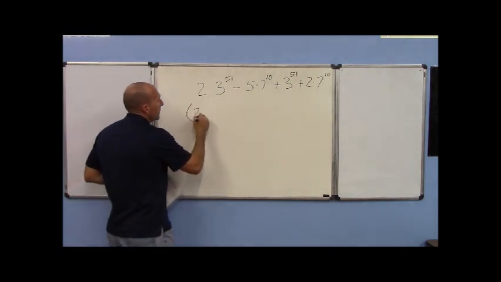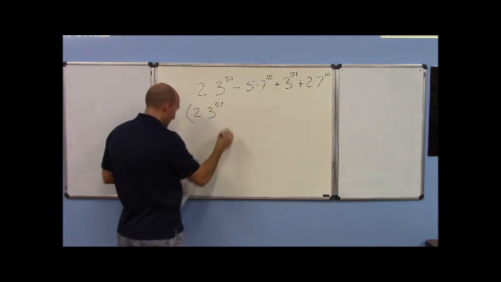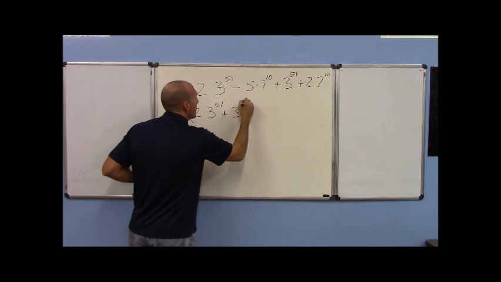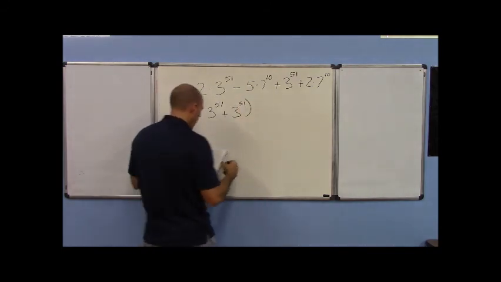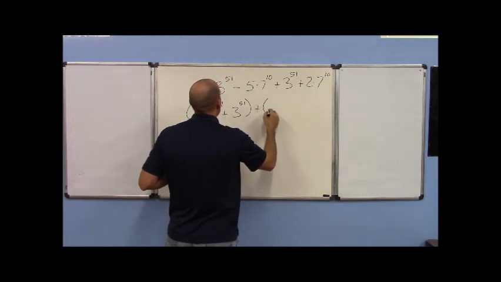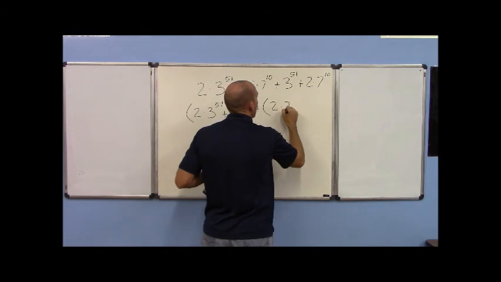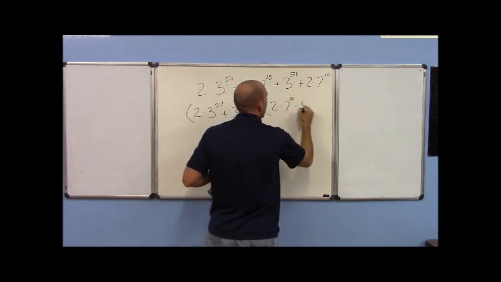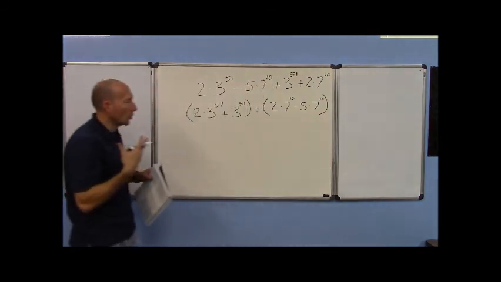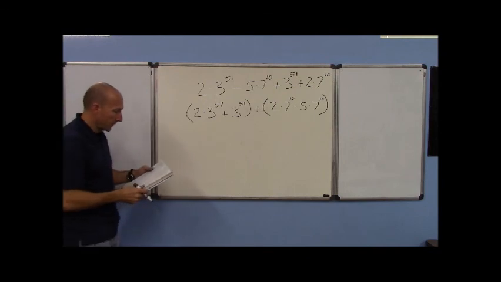We have 2 times 3 to the power of 51 and plus another 3 to the power of 51. And that is going to be added to 2 times 7 to the power of 10 minus 5 times 7 to the power of 10. So let's group these together, and then we can go on from there.